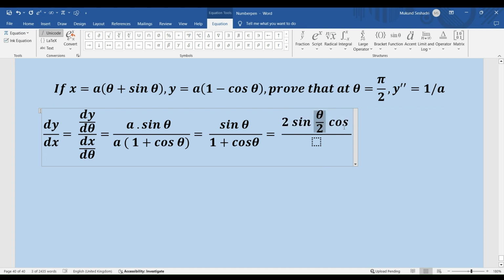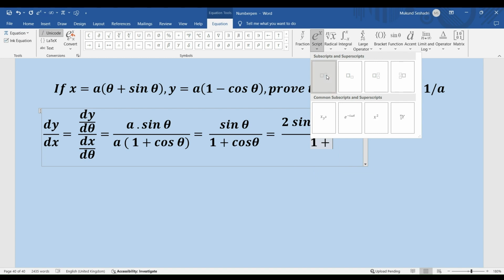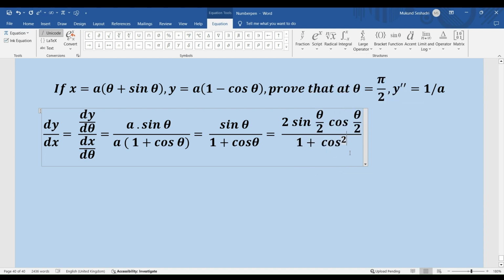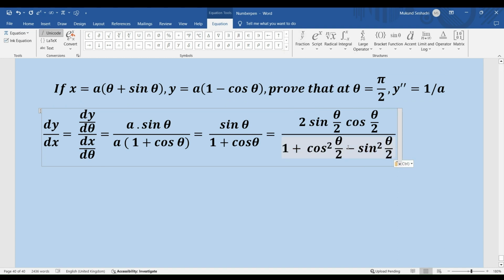And then my denominator, which is 1 plus cos theta, if I want to represent it using the half angle formula, I know that I can write my cos theta as cos square theta by 2 minus sine square theta by 2, right? And when I write that, I know that I can combine my 1 minus sine square theta by 2.